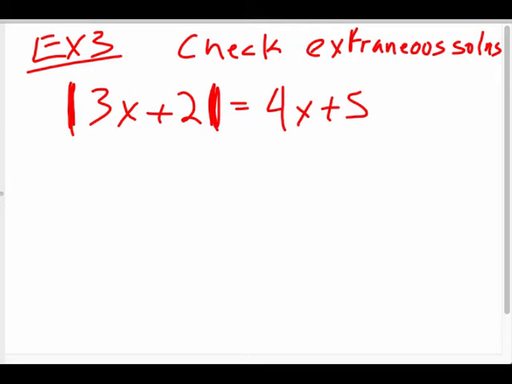this is kind of challenging. How would I set that up? Well, what we have to think of is we could think of it in terms like this. We could say that the absolute value of 3x plus 2 is equal to some constant c.